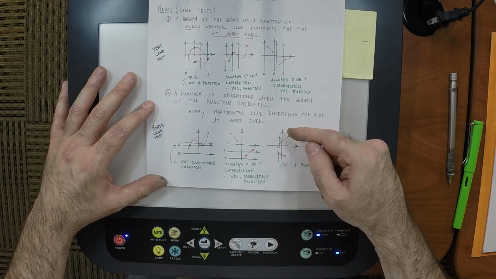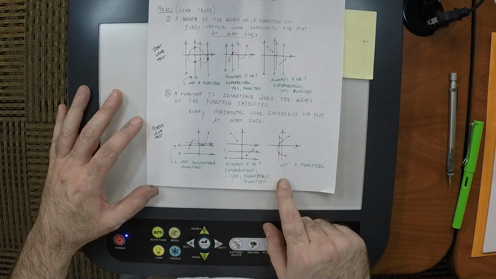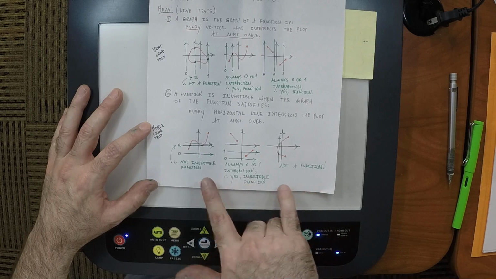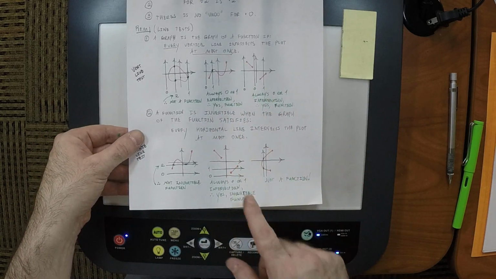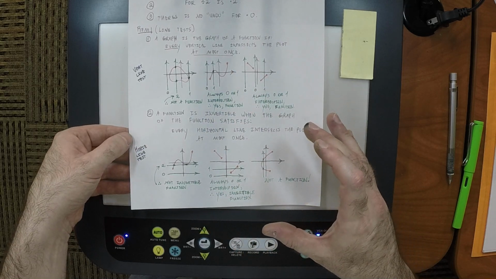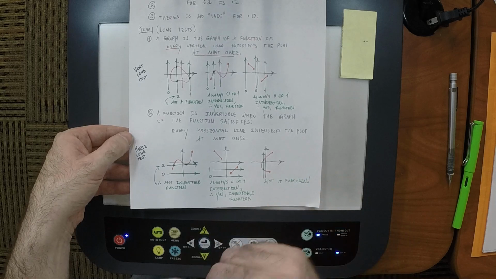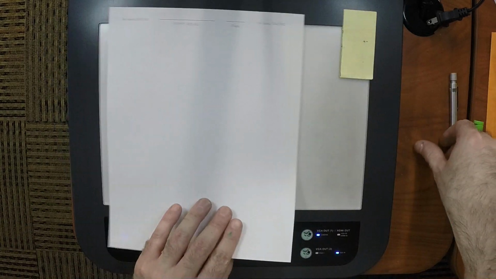It's not in the first place a function, so it's certainly not an invertible function. So can you see the distinction? All right, good. So if you have an idea of what functions look like, you can have a good idea about whether or not they should have an inverse.